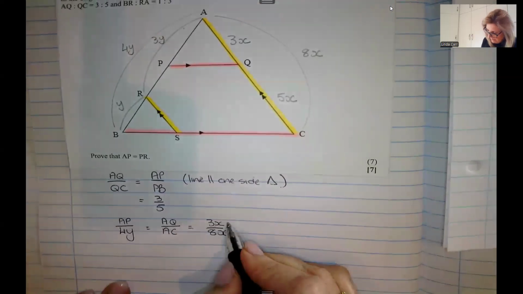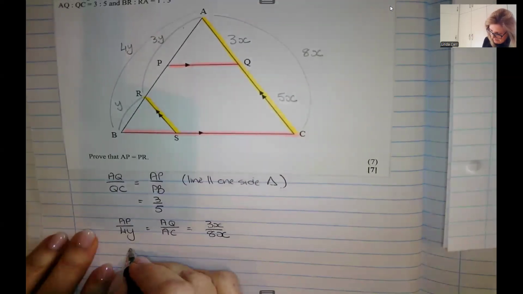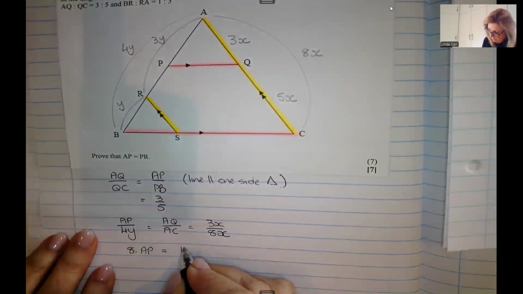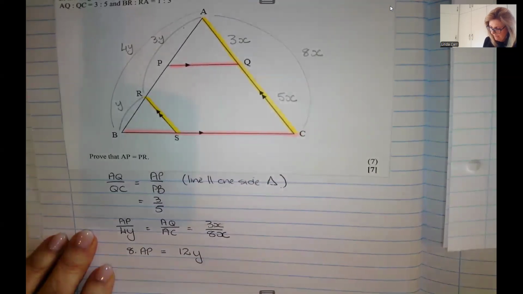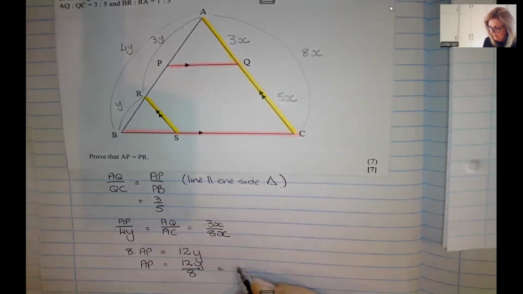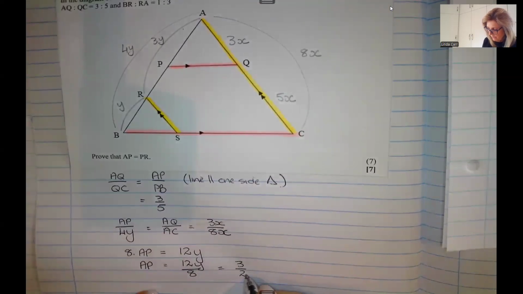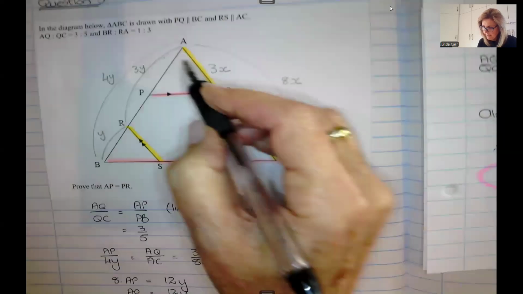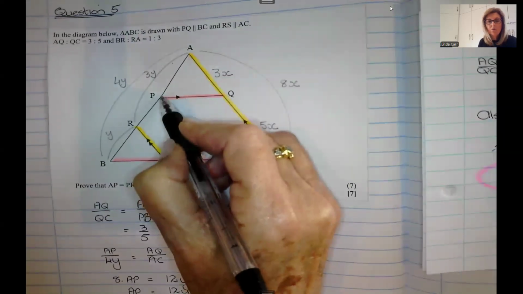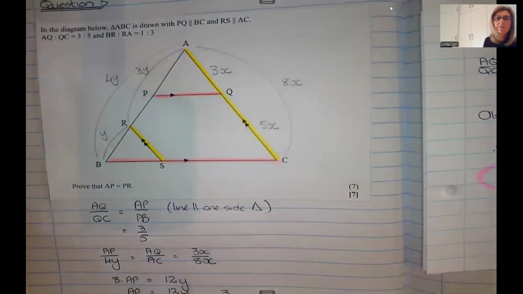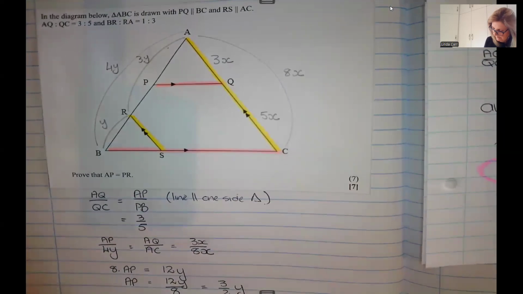So the x's obviously will cancel out, and I'm going to get 8 times AP is equal to 12y, which means that AP is 12y over 8, which is 3 over 2 y. Okay, so now AP is 3 over 2 y. The whole of AR is 3y.